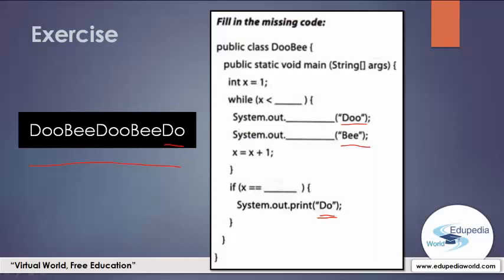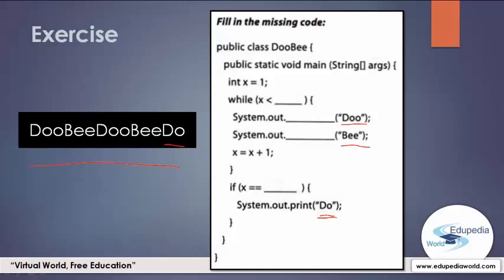So now let's go through this source code. Here inside of the main method, the first thing it does is declare the variable x and assign the value 1. And in the second statement it has a loop, a while loop. Inside this while loop we have our print statements.